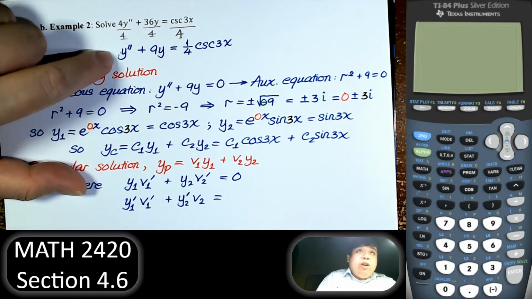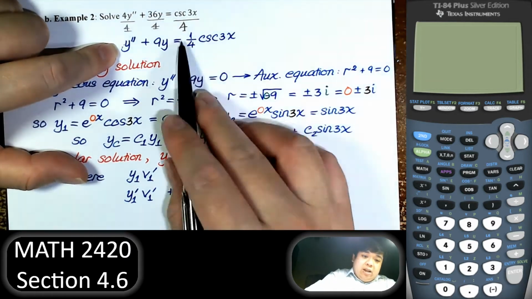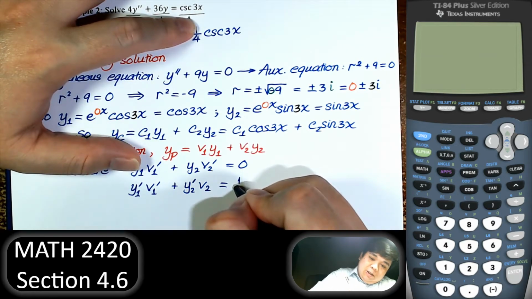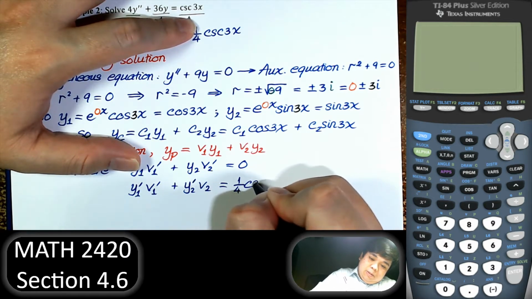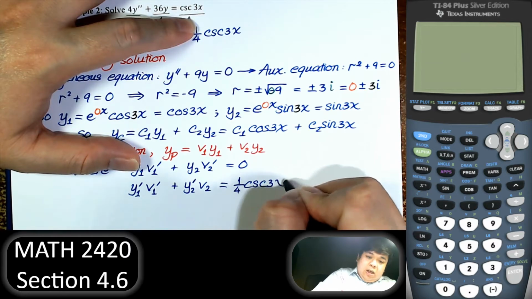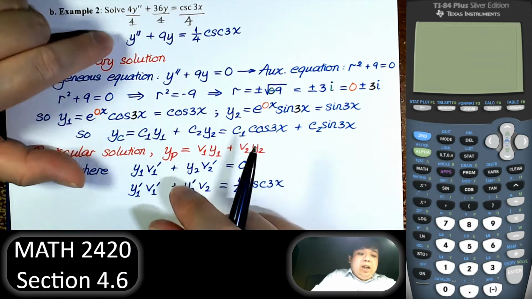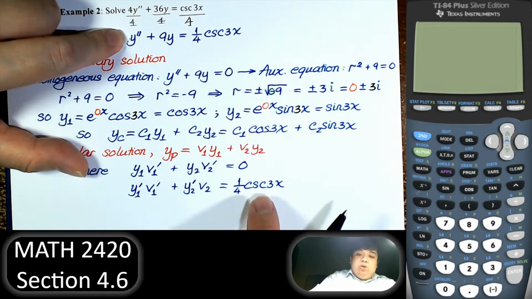Now if the coefficient is 1, we're just going to take the input function. So this is called the input function or the non-homogeneous term. If this is 1, that's going to go into this equation.